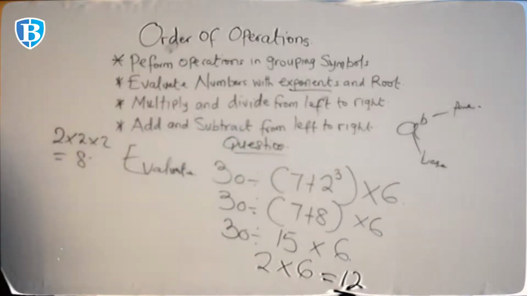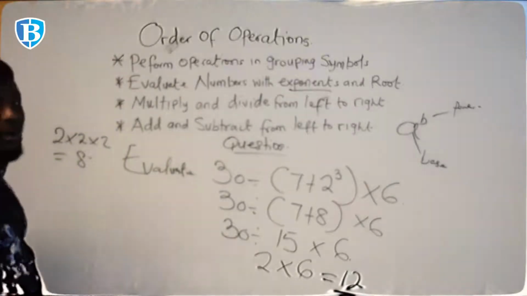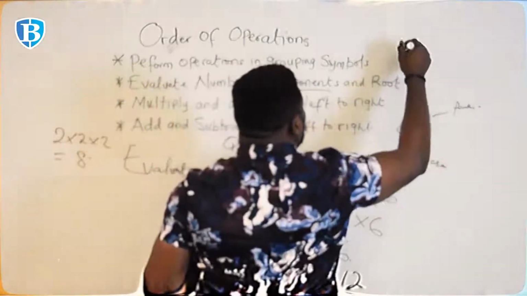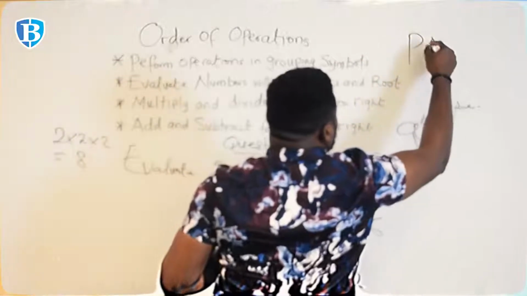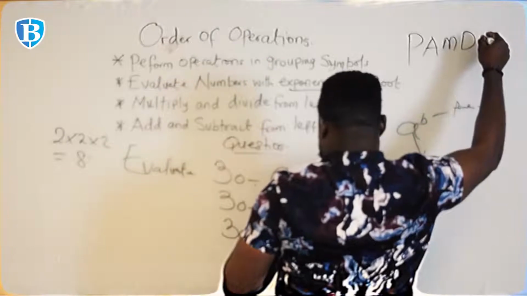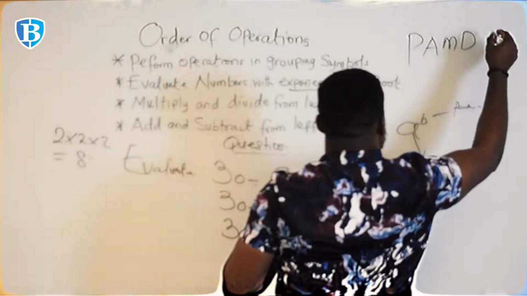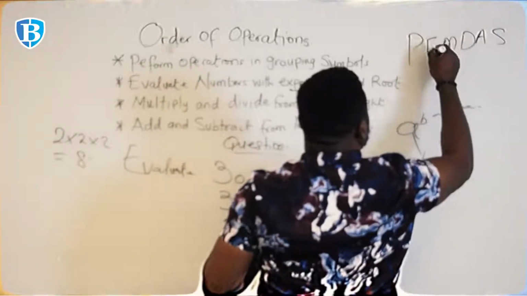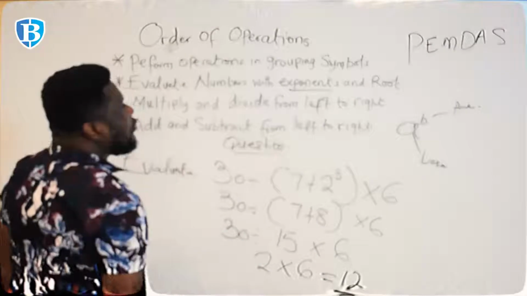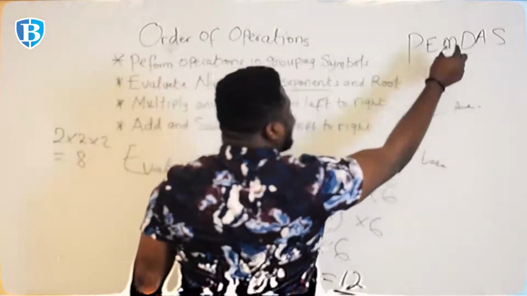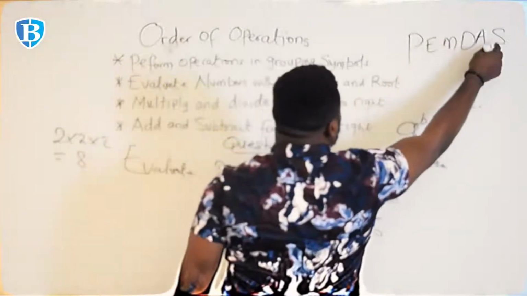So with this simple explanation, that is what we know about order of operations. Some people form an acronym that helps them understand the rules. They call it PEMDAS: parentheses, exponent, multiplication, division, addition, and subtraction.